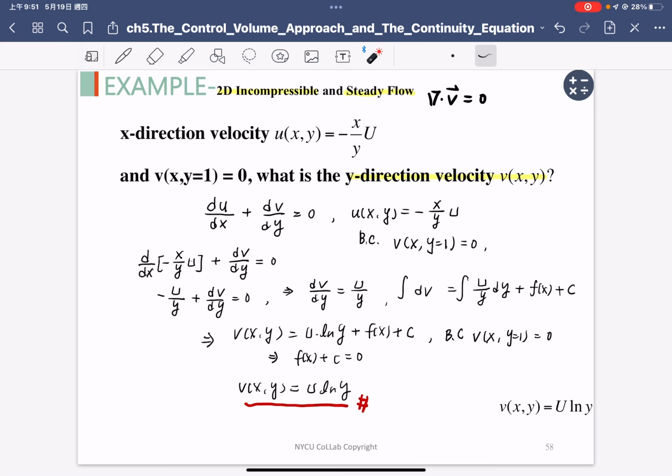So we have the governing equation du dx plus dv dy will always equal 0. And we already know the velocity along the x direction, u, and then we can go back to solve for the v velocity. Okay, so this is very useful when we apply the continuity equation in differential form.